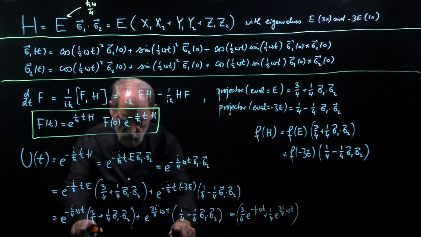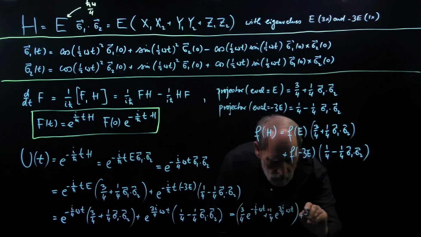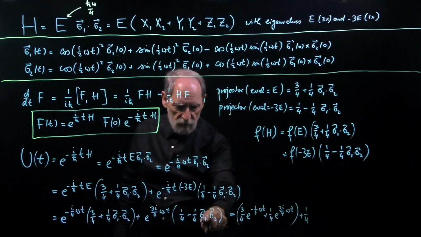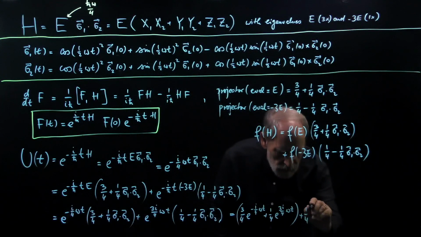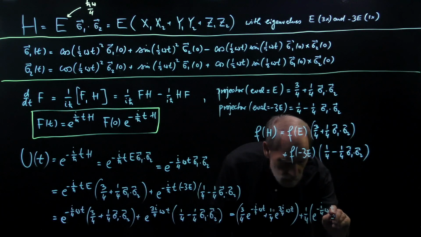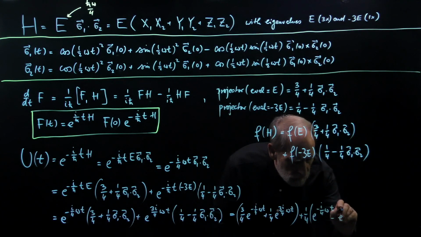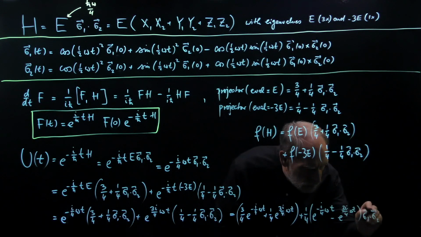So that's this term and this term. And then for the terms that go with sigma 1 dot sigma 2, there's 1/4 here and 1/4 here, so there's a common factor of 1/4, and here we have e to the minus i 1/4 omega t minus e to the 3i 1/4 omega t sigma 1 dot sigma 2.